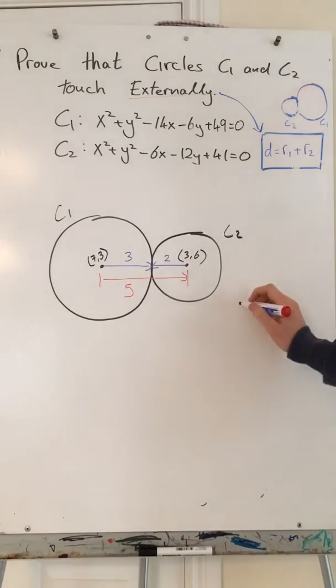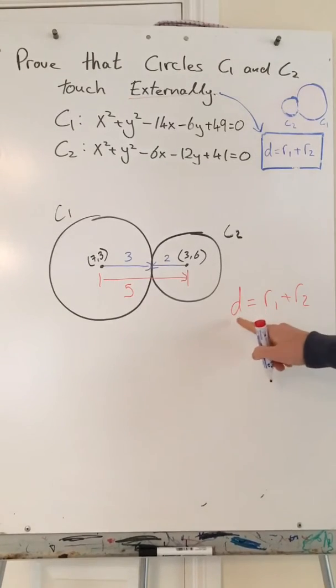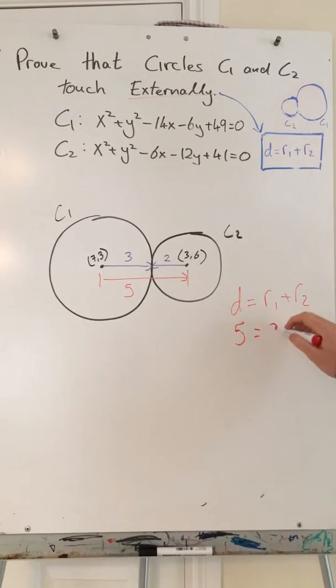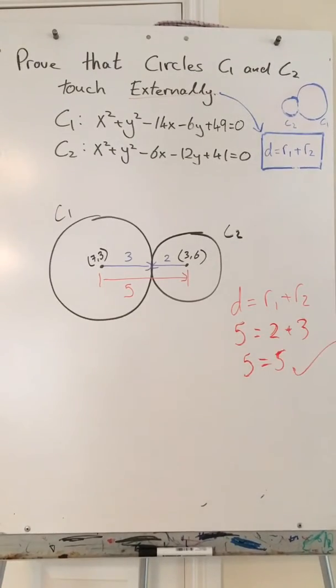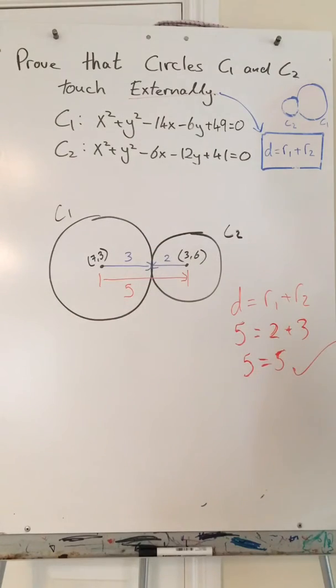And if they touch externally, the distance needs to be equal to r1 plus r2. So we knew the distance, 5, is equal to 2 plus 3. So 5 is equal to 5. I'm just showing you it's the same question, with what it would look like as a diagram.